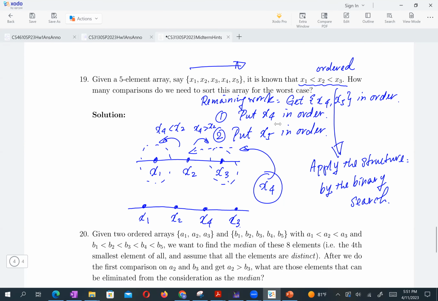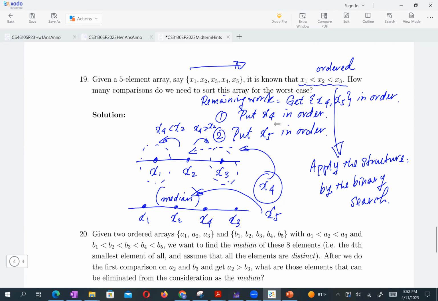Here I just use this one as an example, as a representative. Step 2, this time you need to put x5 in place, but here we have an even number of elements, not odd, right? So when you do binary search, we can still do the binary search, right? We compare with the median first. So this is the current median.